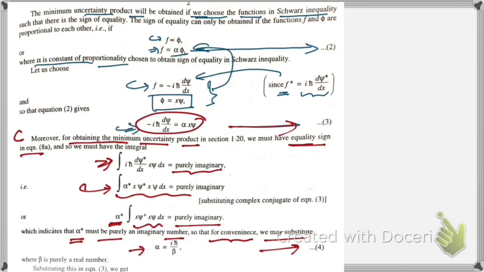So here what we have done, okay, in equation number 3 we have substituted alpha is equal to i a squared beta.